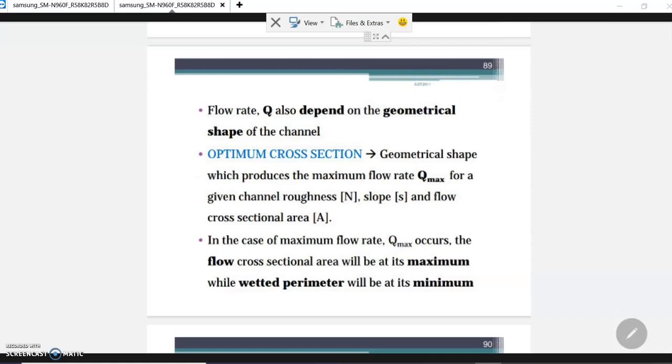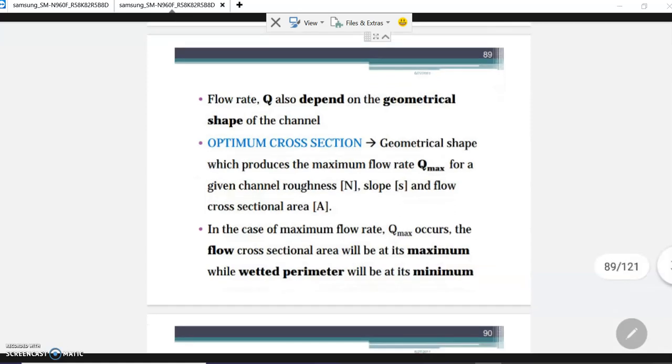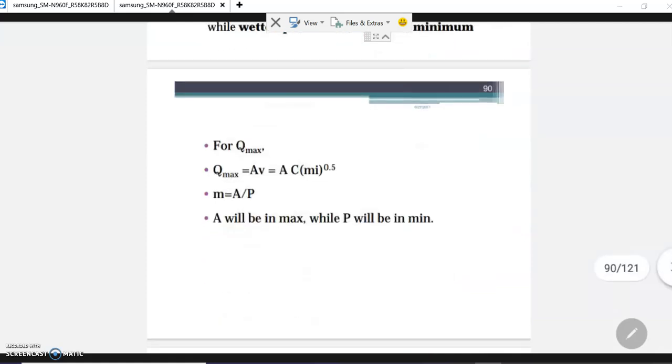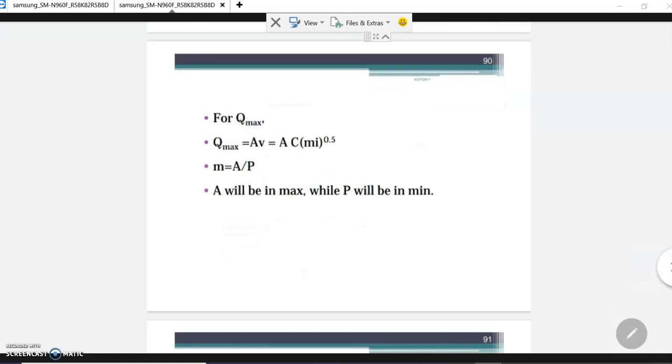So in the case of the maximum flow rate, Q maximum occurs when the flow cross-sectional area is at its maximum, while the wetted perimeter is at its minimum. Okay, what do you mean by this? So let's look into this equation.